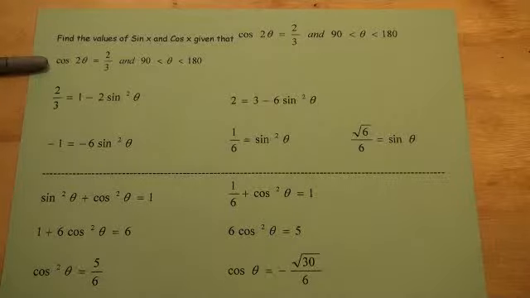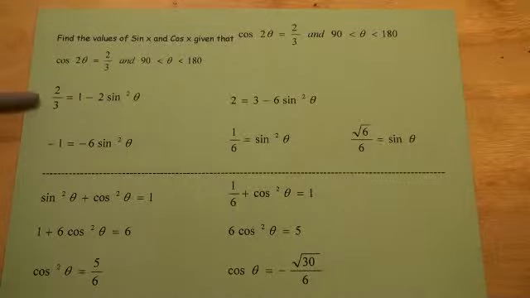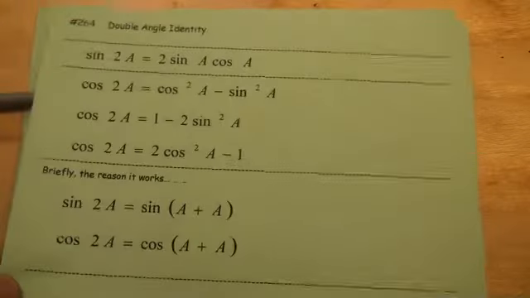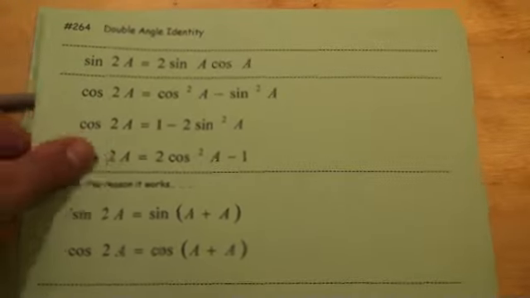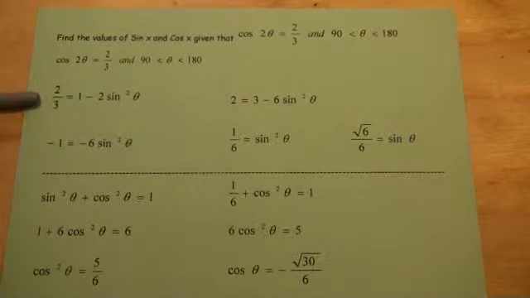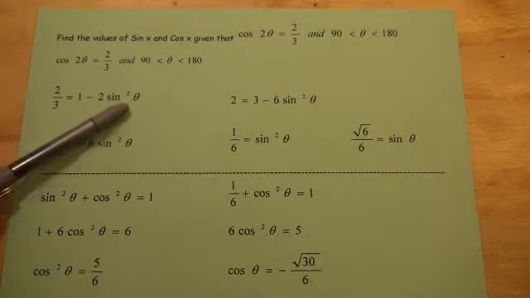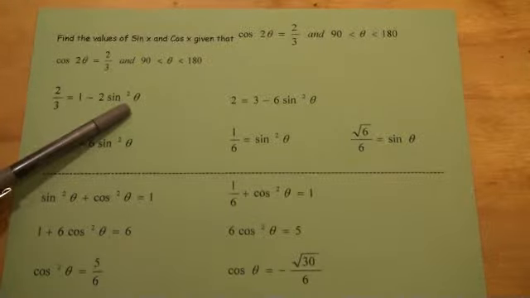So here we are. Cosine 2 theta equals 2/3 does not mean theta equals 1/3. No. What it does mean, though, is that you can say 2/3 equals one of these three. So you have 2/3 equals 1 minus 2 sine squared theta.